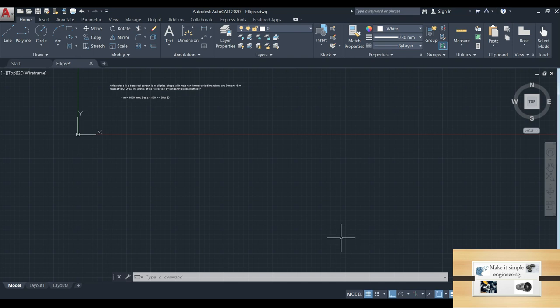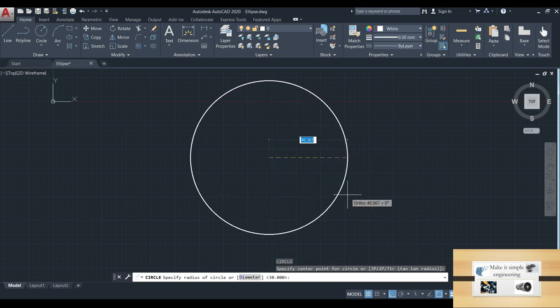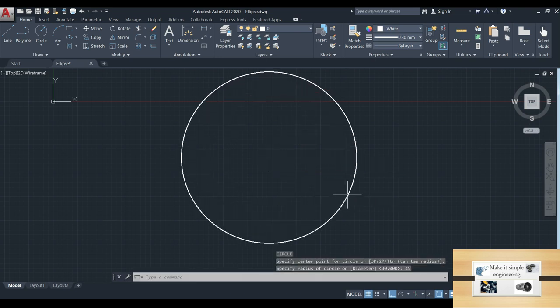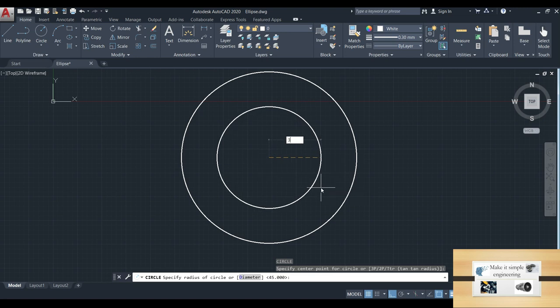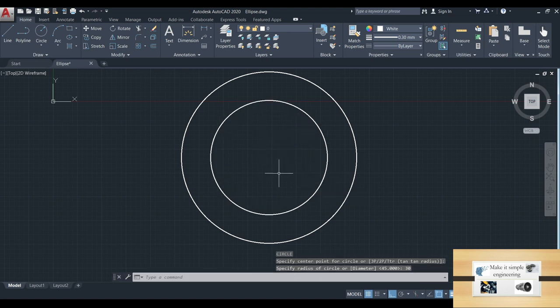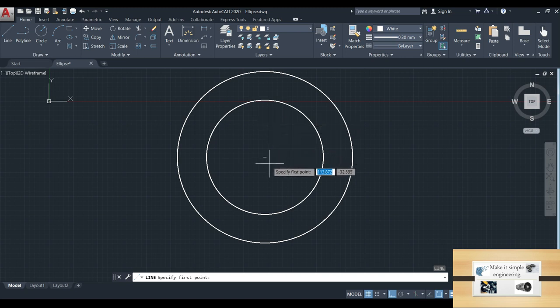For that, we have to draw two concentric circles having diameters 90 mm and 60 mm. So 90 mm in the sense 45 mm radius, and 60 in the sense 30 mm radius. So after drawing this, we have to divide these two circles into 12 equal parts.